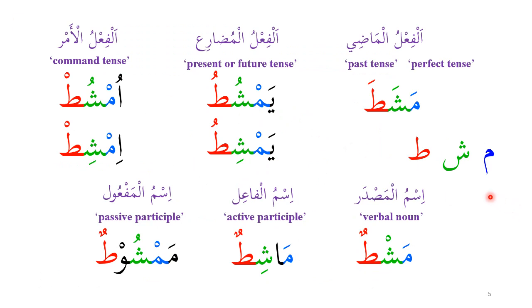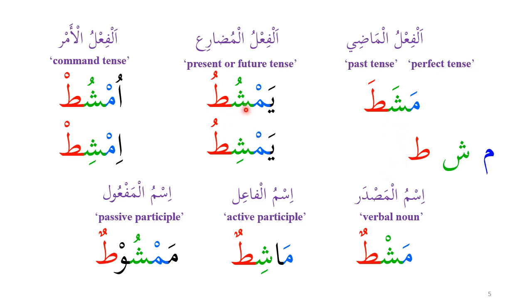Now, the mish-tun is from the root letters mashata, which means he combed, in the past tense. Al-fi'lul ma'di means he did, or the action is done, it is completed, the perfect tense. Mashata.